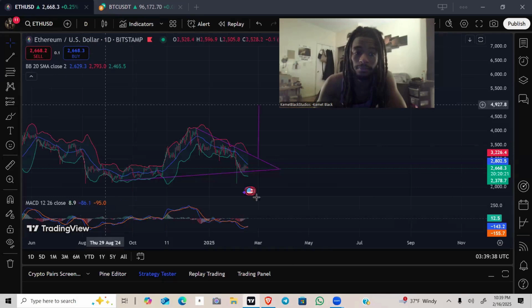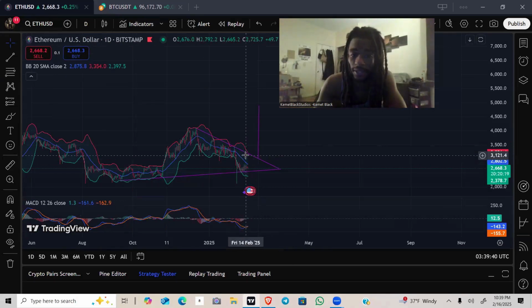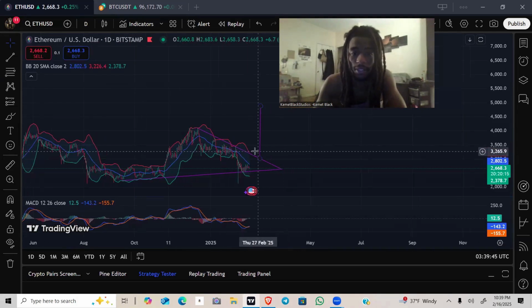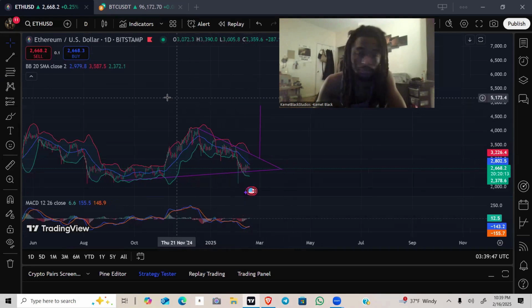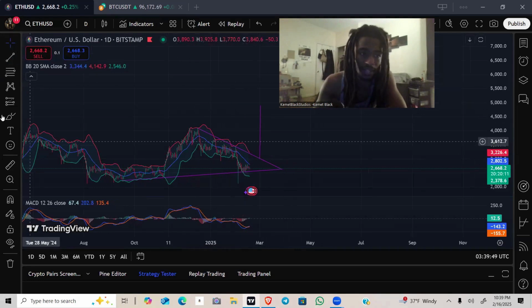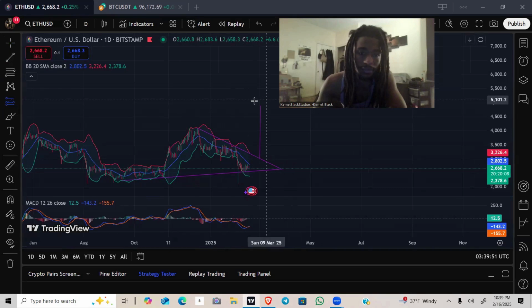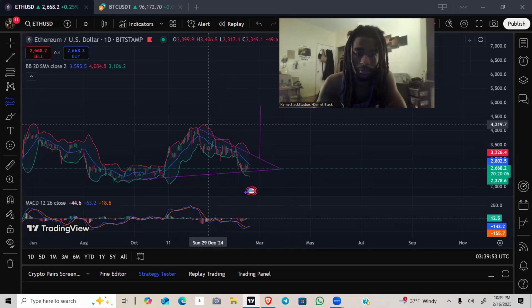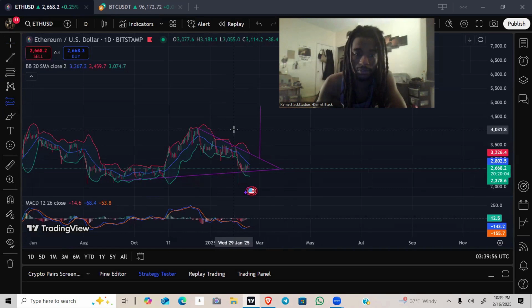And with the Bollinger Bands, we have a lot of room up as well. It says we're going to go to the $3,200 level. After that breakout, we got a price target of $4,800 to $5,000. All right, if we want to be safe, we can use the Bollinger Bands just to be sure of the targets.